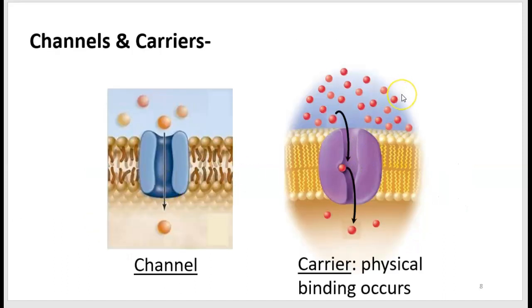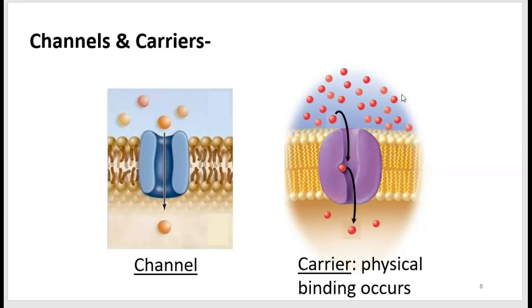Okay, so now some terms about what we call these transmembrane proteins. If the substance does not physically bind to the protein, we often call it a channel. You can call it a transporter too. That's generic, but it's called a channel. If instead the substance does physically bind, then we call it a carrier.